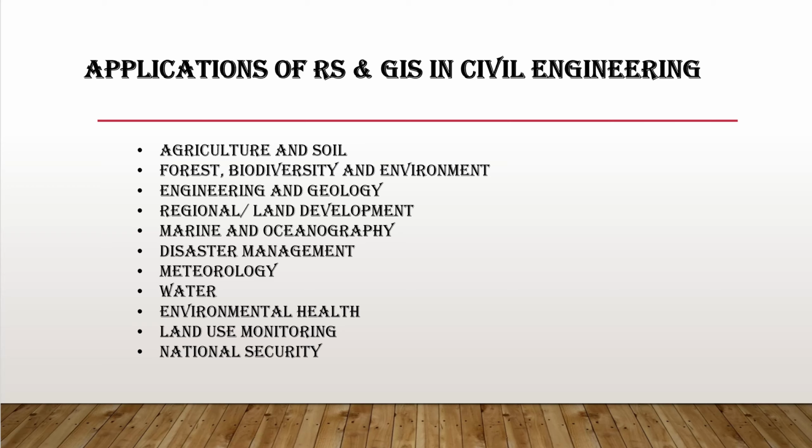The first application is in agriculture and soil, where it is used for precision agriculture, crop production estimation, soil and land degradation mapping, etc. In forest, biodiversity and environment, it is used for forest cover and type mapping, biodiversity characterization, environmental impact studies, monitoring of environmentally sensitive areas, monitoring of wetland areas, and forest fire and risk mapping.